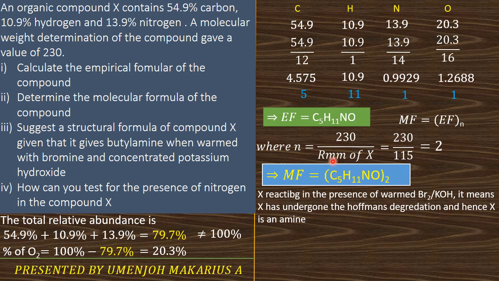So now in such a case, if we use the Hofmann degradation on this, because the question told us that by so doing it gave us butylamine, that means the number of carbon atoms has been reduced. So the initial carbon atoms should be 5, and this is what we have here, 5. So by using this C5H11, that it has given us butylamine, therefore means the number of carbon atoms has been reduced.